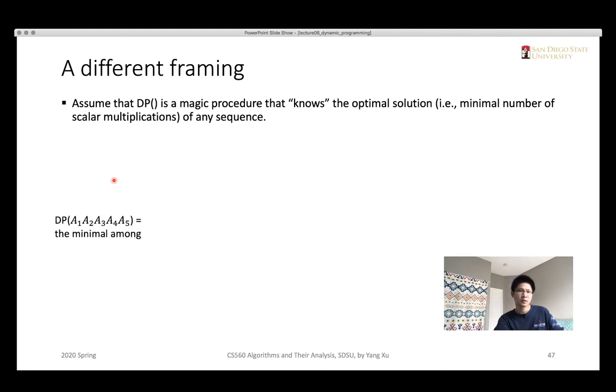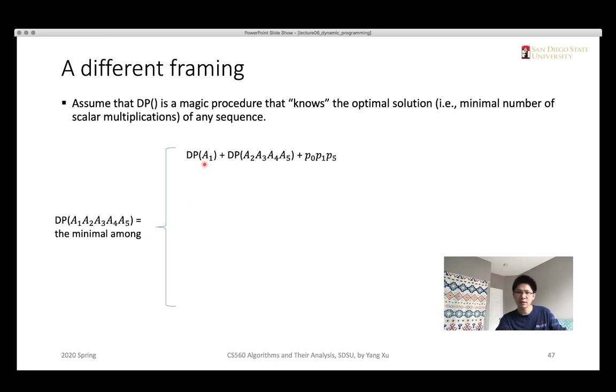Okay, so if we call that dp function on our input, say from a1 to a5, it will return the results in terms of the minimal number of scalar multiplications. In order to get the solution, it must choose the minimal among such combinations.